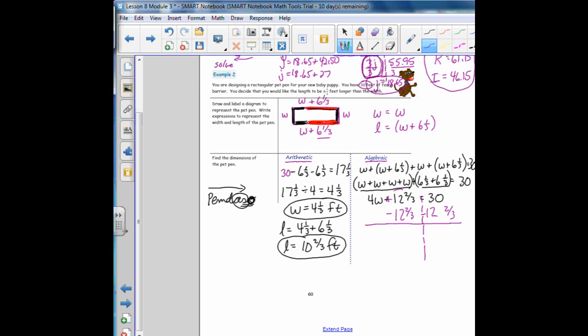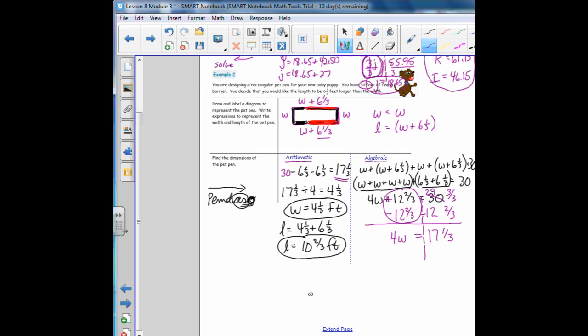So here's our zero pair, and that will get rid of the constant. 4W is left on the left, and then 30 minus 12 2/3, you do need to borrow 29 3/3, and you subtract this and you get 17 1/3, and you see that's what you had over here.